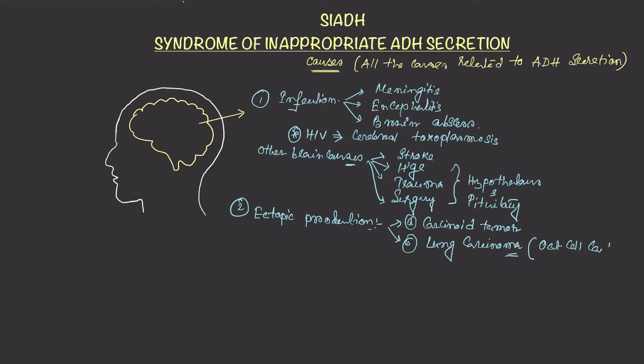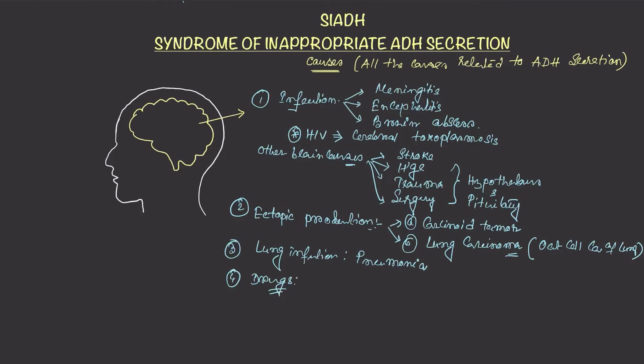The variant, oat cell carcinoma of lung, is the most common lung carcinoma that causes increased production of ADH. Lung infection like pneumonia can also cause increased production of ADH.